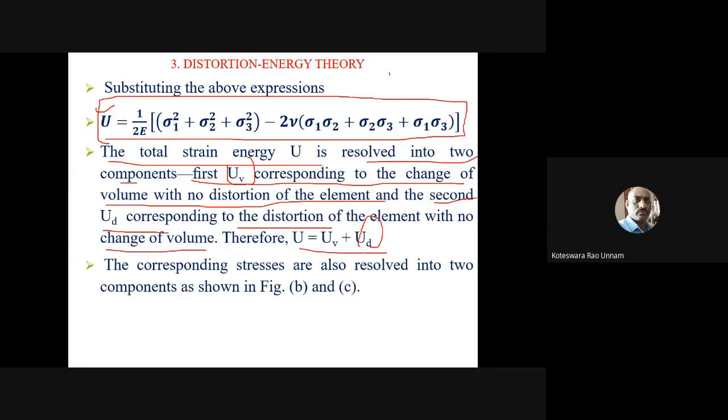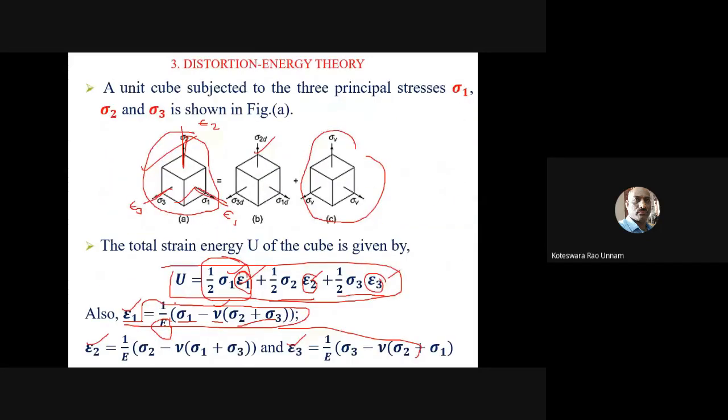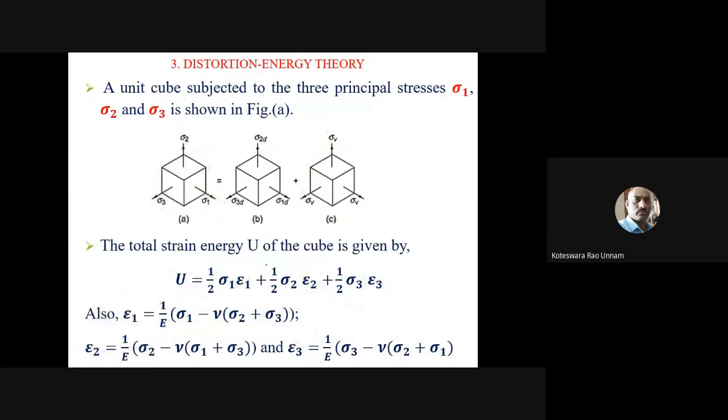To compute this UV, like I already showed you earlier, the stress components are also resolved into two components. If you see these figures here, if I superimpose one upon another, that is, if I use the principle of superposition, I can write sigma 1 is equal to sigma 1d plus sigma v.